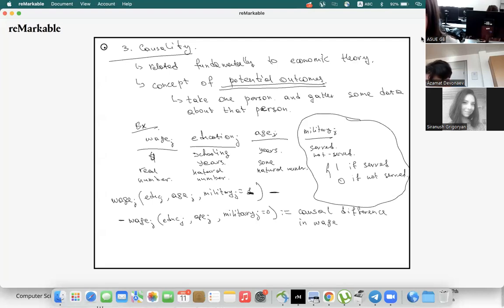It is the causal difference in wage due to military service.